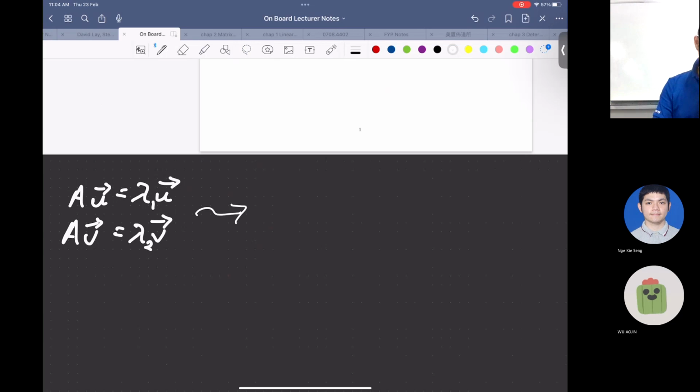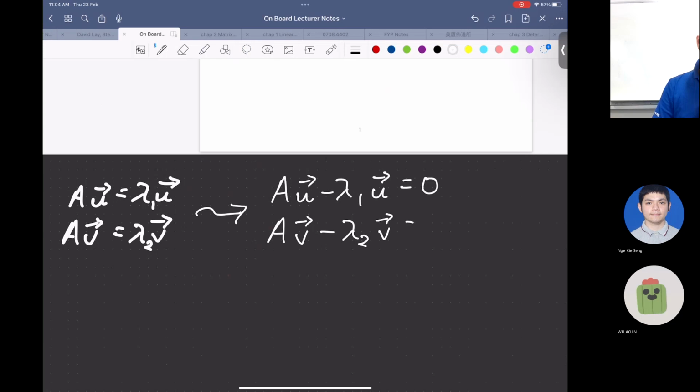So how about moving it to the other side? Okay, so what is this? Can you factorize U? How? Multiply by the identity matrix. Yep.